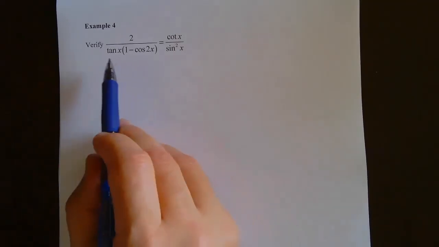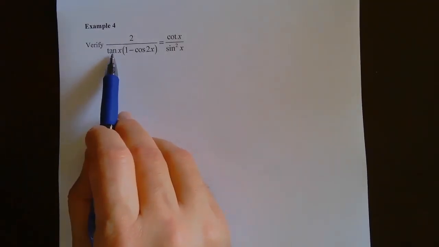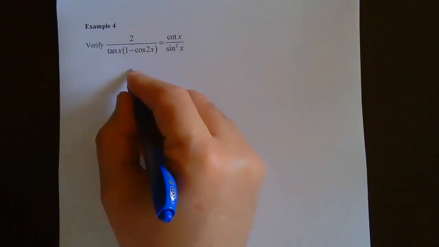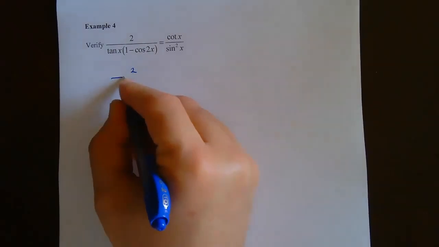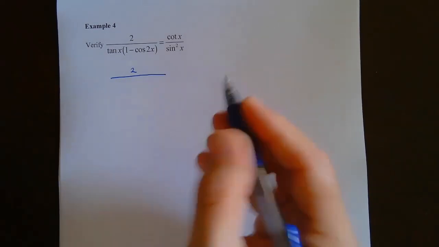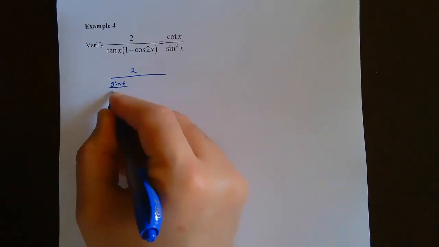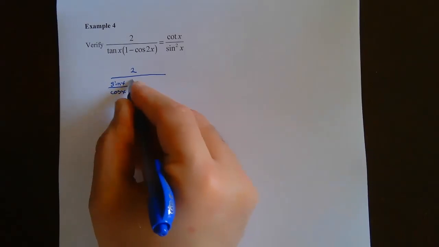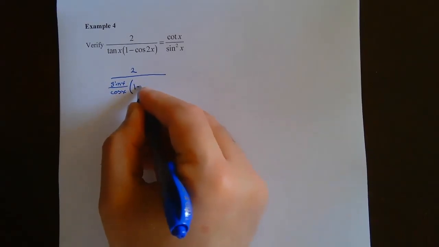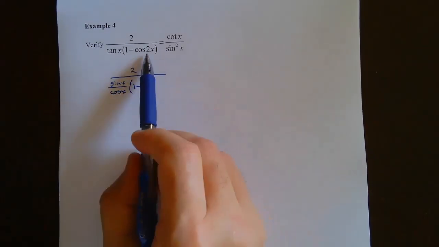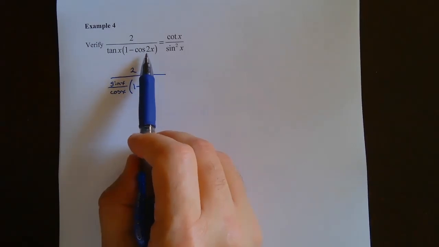All right, so I'm going to start out. I'm going to switch this tan x to sine x over cosine x. This is just the choice that I made; there's different choices you could make. So we're going to have 2 over sine x over cosine x times 1 minus, and at the same time I want to switch this cosine of 2x.